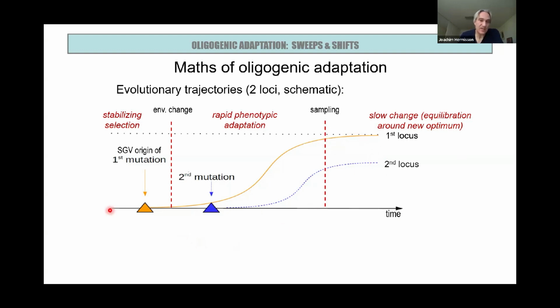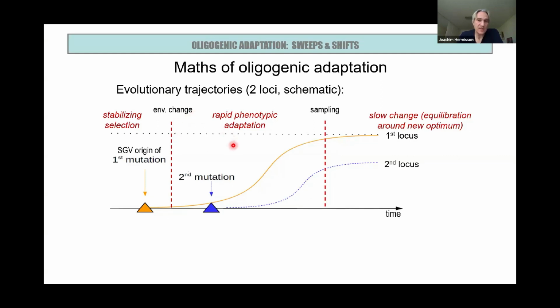The total time is dissected into different phases. First we have stabilizing selection, so our trait is supposed to be in mutation selection drift balance. And then we have the evolutionary change. At that point, the trait just moves to a new optimum.